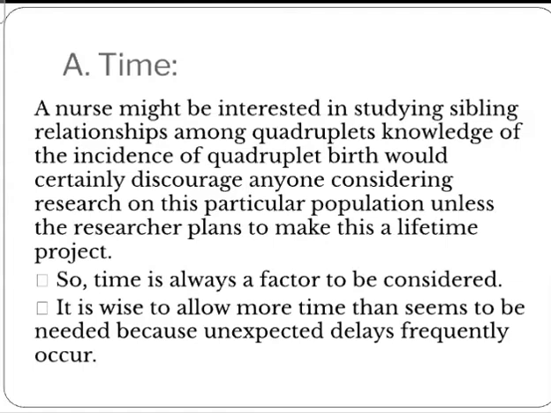If the project work is for 2 weeks, your research should be limited to those 2 weeks, so the research topic you take should be completed within this time. A nurse might be interested in studying sibling relationships among quadruplets, but getting quadruplets is going to be a long process, so the project might continue for an entire lifetime. So you have to make sure what the time period is for you, and how much time your research problem will take.